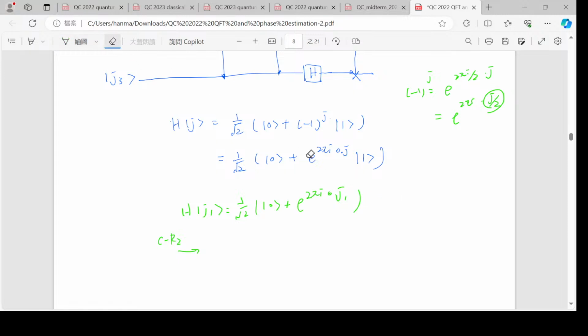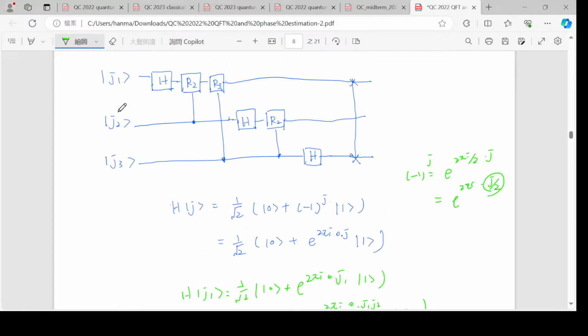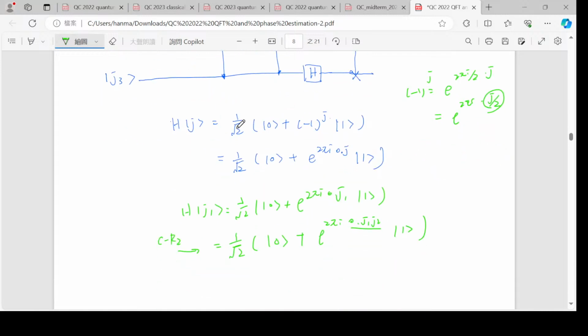Oh, I'm missing one here. Okay. And then this thing becomes 1 over square root 2, |0> plus e to the 2 pi i 0.j1 j2 |1>. And this is because when j2 equals 0, then you don't do this Control R2.